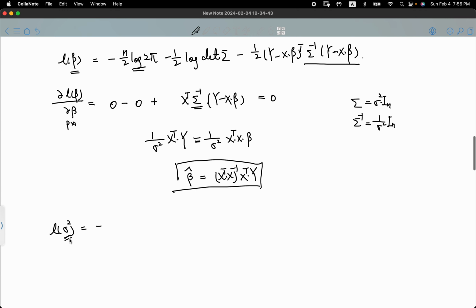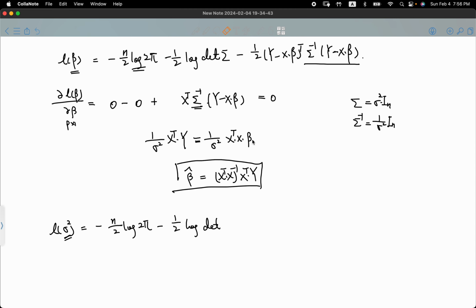Now we are interested in solving for sigma square. Usually sigma square is also unknown, so we should estimate it from data as well. So let me just copy down here 1/2 log determinant of the sigma matrix.